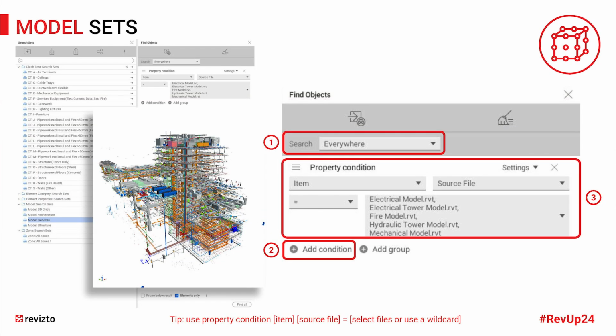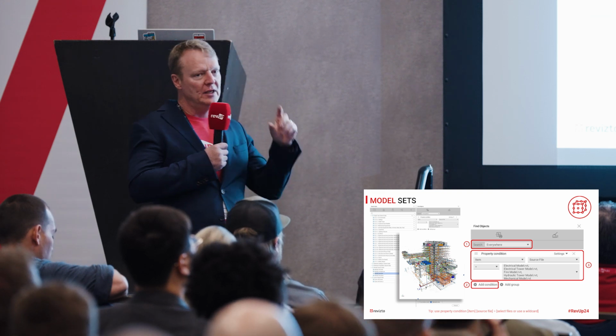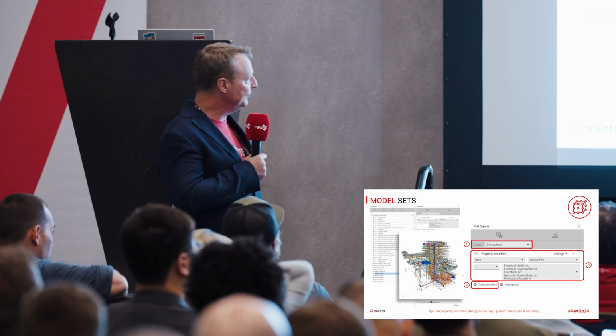But I like the idea that it was fixed to the file name itself. Pro tip down here at the bottom, elements only. Make sure your search sets tick that box. Otherwise, you can search for the container object. You don't want to search for the container that the objects live in. You want to search for the elements themselves.